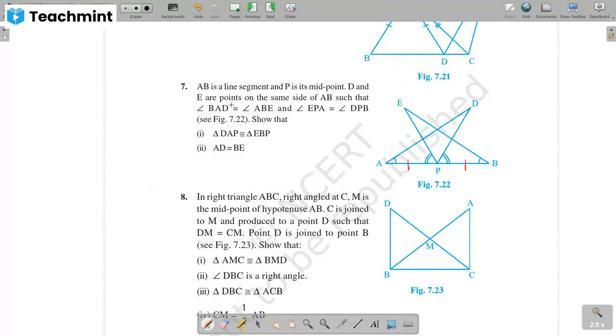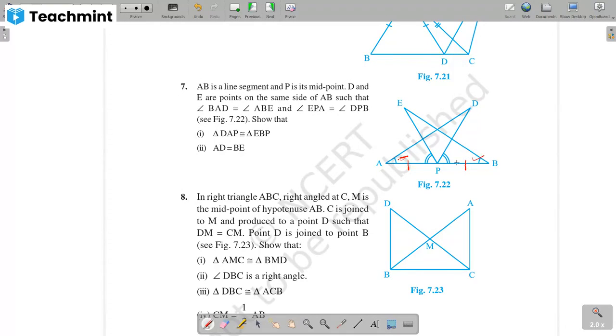D and E are points on the same side of AB. It is not that one point is here and another point is here in the downward direction. Both are on the same side of AB, in such a way that angle BAD, meaning this angle, is equal to angle ABE.